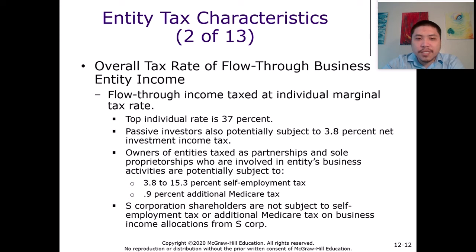They're just silent partners, there to receive their share of income when the business generates income. So a passive investor may have to pay the 3% net investment income tax, which we talked about in previous chapters. It's an additional tax for them.